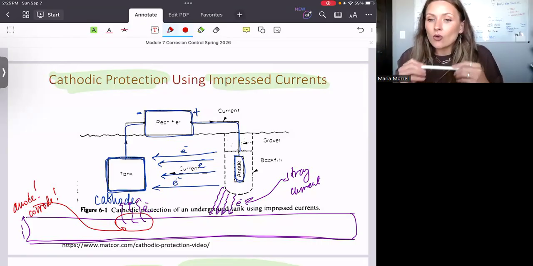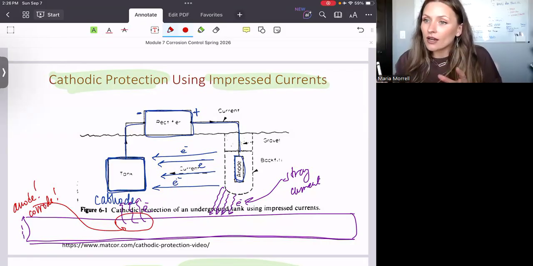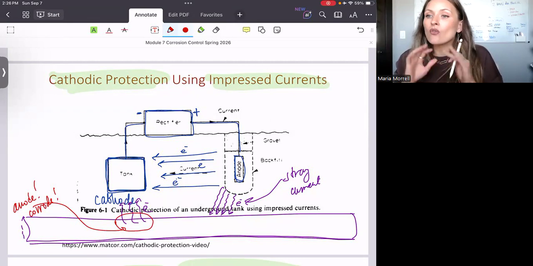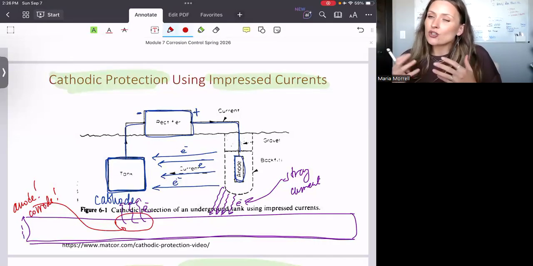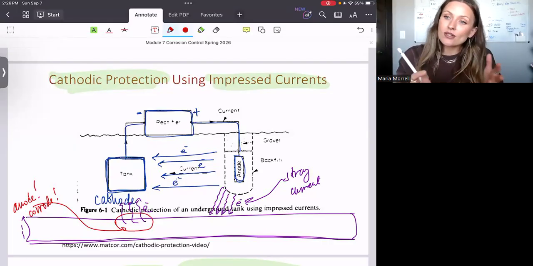However, whenever you install something like that, this is why it requires a lot of knowledge. It requires a lot of design. You have to be aware of anything metallic surrounding you, because keep in mind that you often may have a stray current. A stray current is basically like a stray dog. It's a current that leaves the pathway and goes sideways.